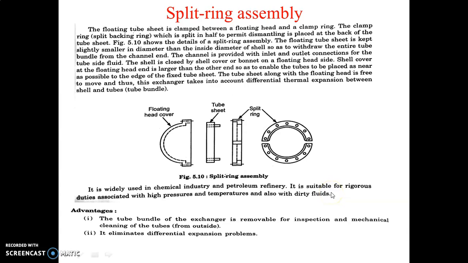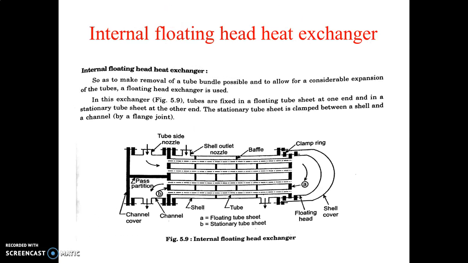Suppose we have dirty fluids, meaning sometimes the fluid has liquid plus solid, or sometimes water has some dirt. That can also be handled in floating head heat exchangers. High pressure and high temperature we can use, because with high pressure or temperature there may be thermal expansion taking place here, and that can be minimized by using the internal floating head heat exchanger.